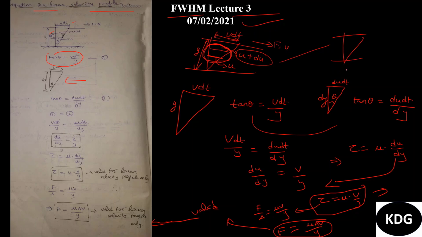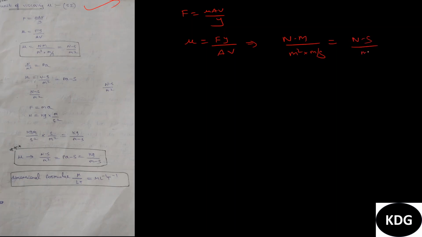Next, what are the units of viscosity in SI units? To know that, F is equal to mu A v by y, so viscosity mu is equal to F y by A v. Force is Newton, area is meter square, velocity is meter per second. So this will be Newton second per meter square.